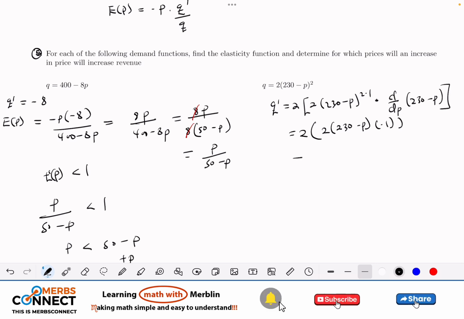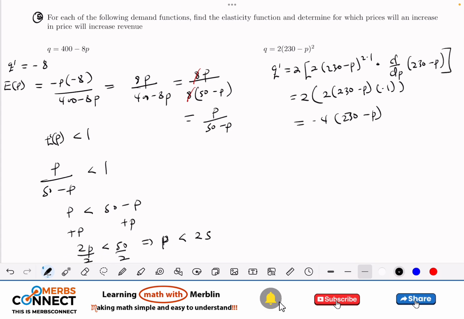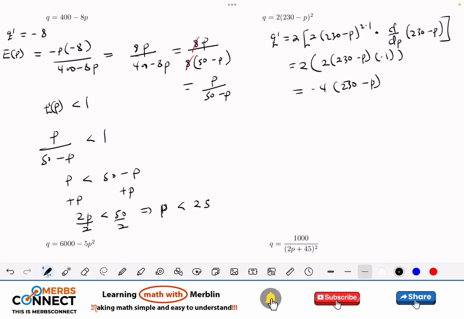If we know how to do it, you do it straight. So 2 times 2 is 4, times this one will be minus 4. So minus 4, 230 minus P. So that's what you're going to get. Now we need E of P, which is equal to minus P times Q prime, which is minus 4, 230 minus P. Or we can try to simplify this, or let's just leave it like that.